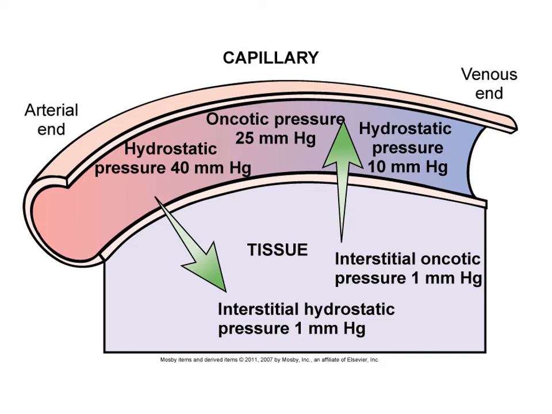Otherwise, if this system didn't exist, the fluid would just fill and fill and fill with fluid from hydrostatic pressure. So the capillary needs a way to bring the fluid back on the venous side, okay? And that's albumin that's produced in the liver. So you can imagine if you no longer have albumin because your liver is failing, you're going to get diffuse edema and swelling all over your body because you're losing your oncotic pressure.